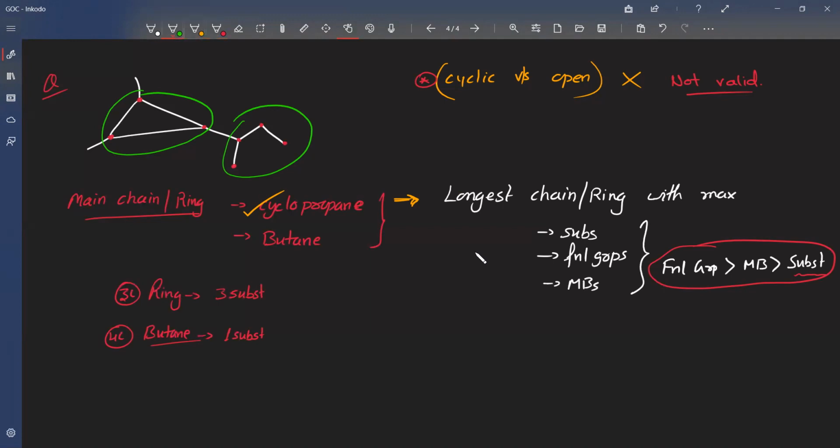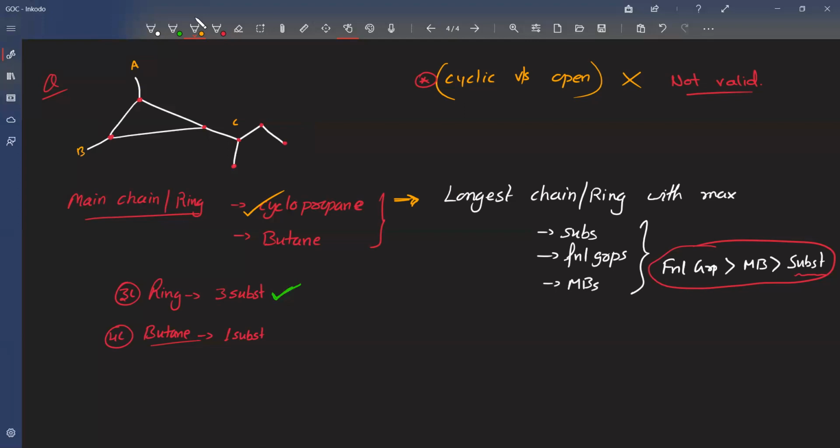So that ring will be the main chain. There are 3 substituents, A, B, and C. A and B are simple methyl, but C is the complex one.